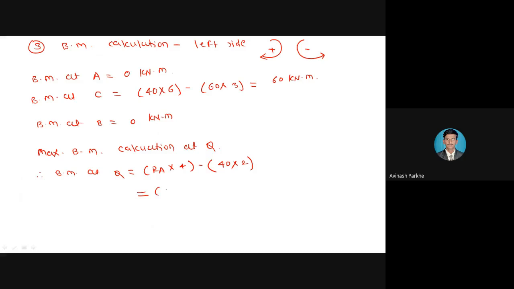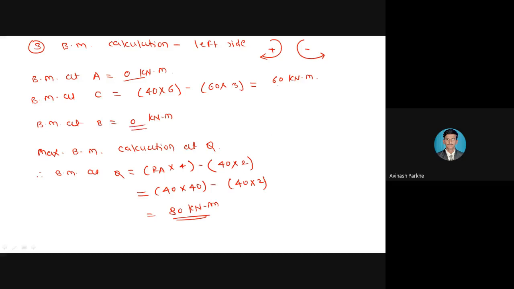RA means 40 into 4 minus 40 into 2, 80 kilonewton meter. Compare this value with remaining bending moment at point A, 0, no problem. Bending moment at point B, 0, no problem.